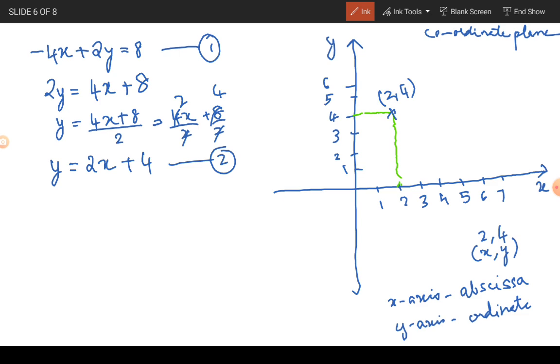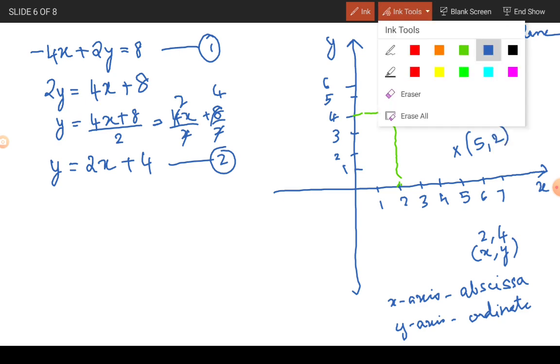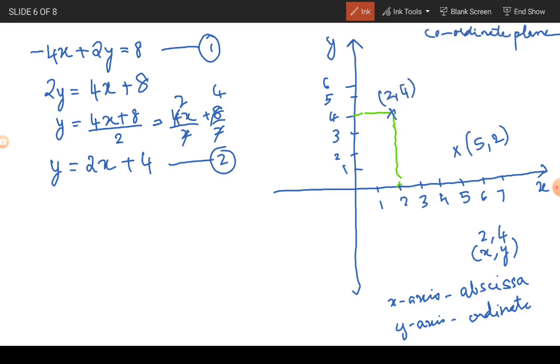So every pair of values, that is every pair of abscissa and ordinate, gives you the location of a point. A point somewhere here has the x-axis value as 5, so the abscissa is 5 and the y-axis value as 2. To confirm, you can just check this.